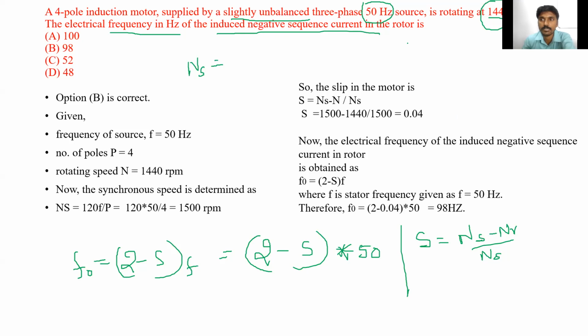He has not given the synchronous speed, but we can easily find it out. Ns is equal to 120 into F upon P, that is 120 into 50 divided by 4. How much is this? 1500 rpm.